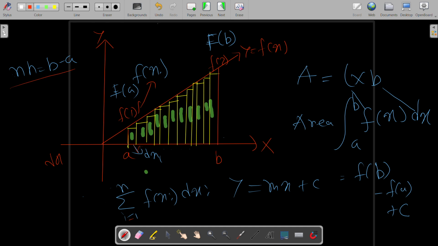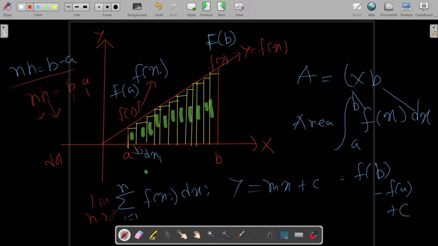For the fundamental theorem, we come to an assumption that nh equals b minus a, where b and a are the endpoints, n is the number of subintervals, and h is the length of the subintervals. Now the area is becoming close to the limit, as n tends to infinity, of the sum of all these intervals.